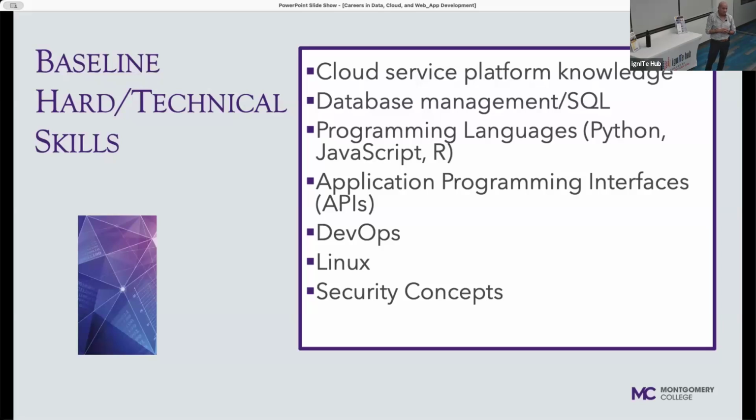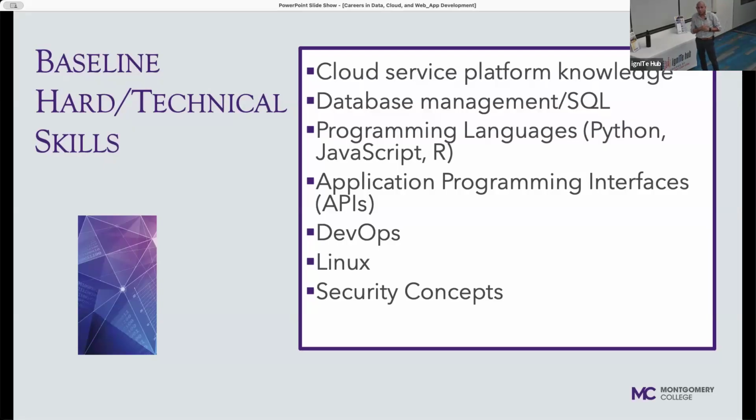For example, one of the main components in AWS is the S3 buckets. I don't want to get too much into that, but that's not something that exists in Azure, something similar to it. They do cloud in different ways, okay? So knowing the difference and maybe specializing in one or the other is very important, okay?